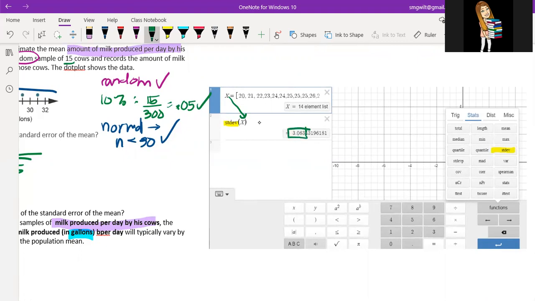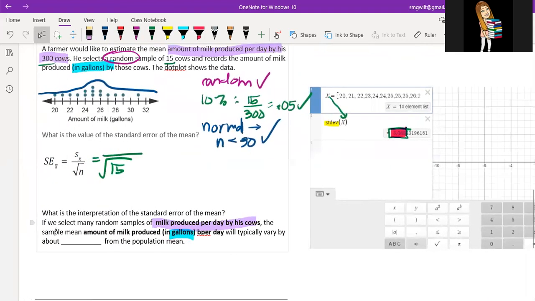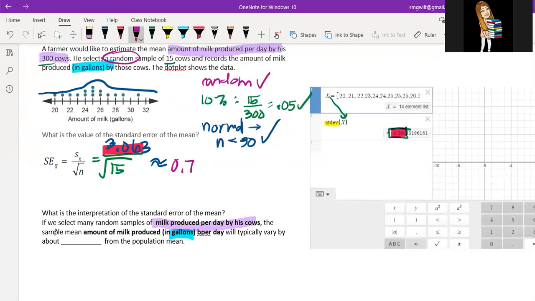So I'm going to use 3.063 as the standard deviation of my sample. I'm going to put that number here, 3.063, and use that to calculate the standard error. That gives me a value for standard error of 0.791. Remember that this is in gallons, so my units are gallons here.